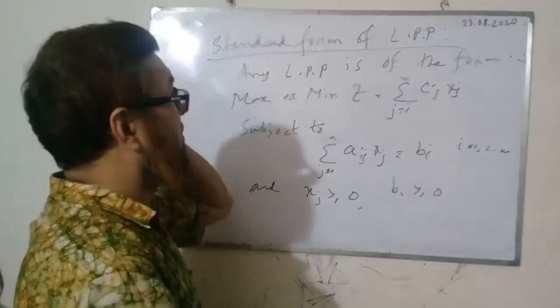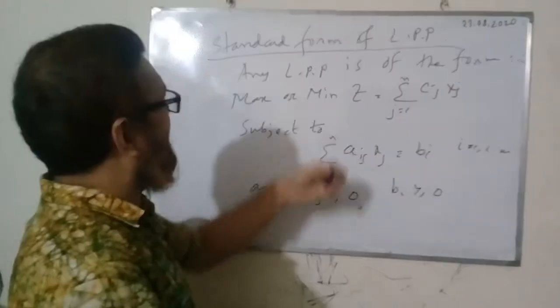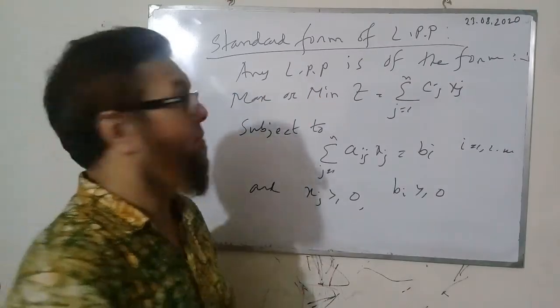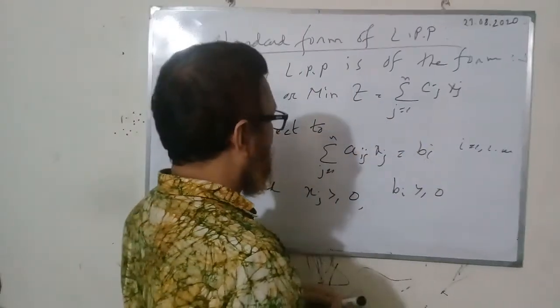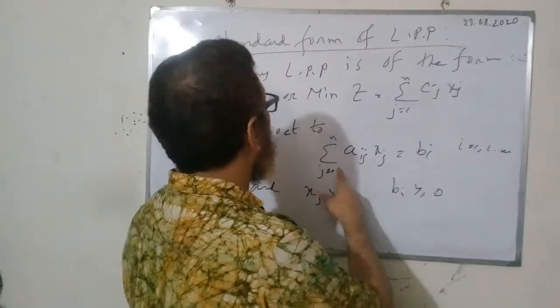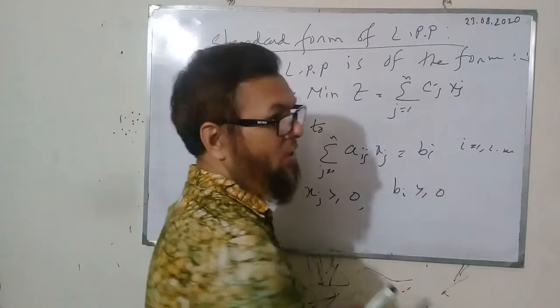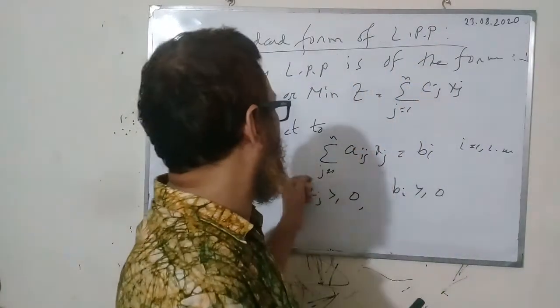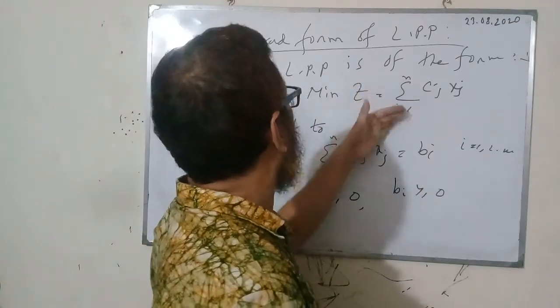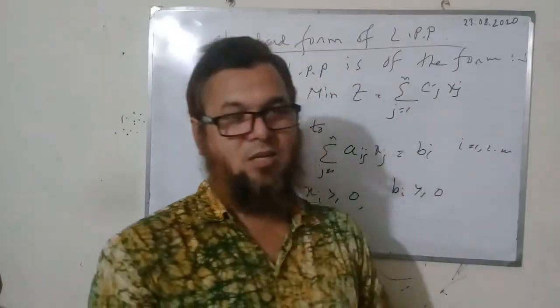This form is called the standard form of LPP. That is, if the constraints are equal type in LPP, then this form is called standard form.